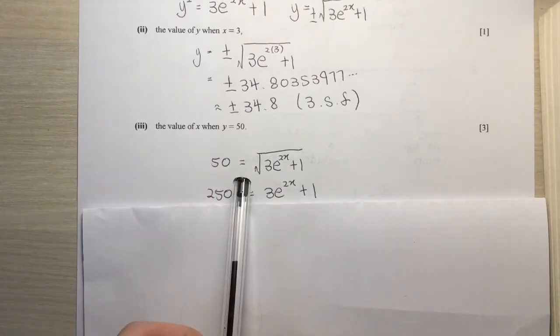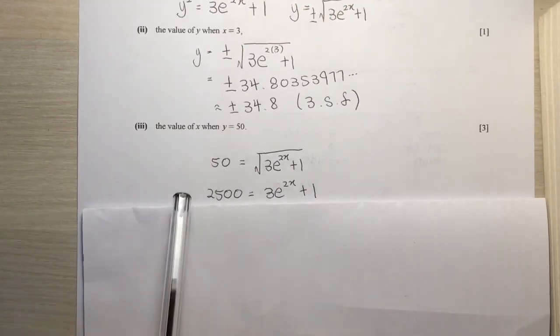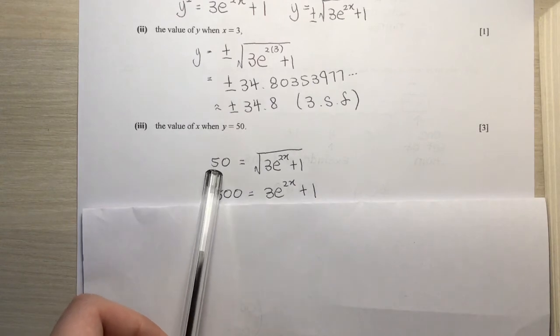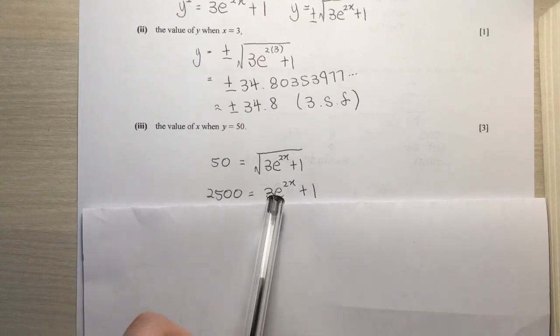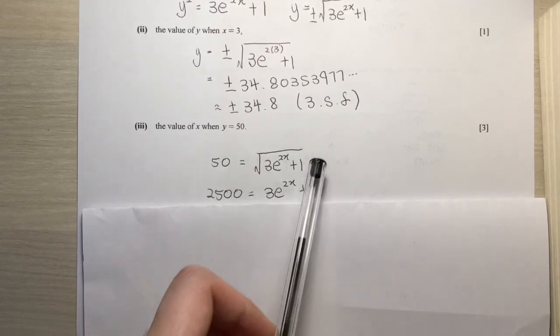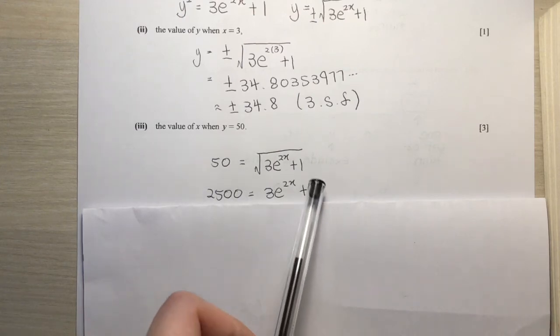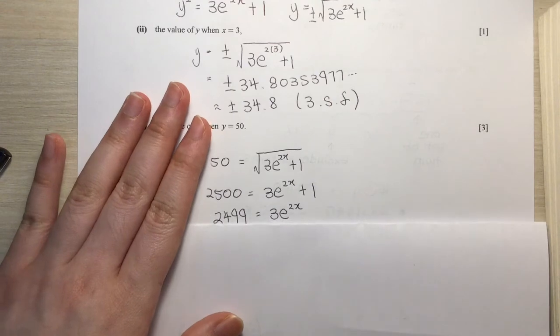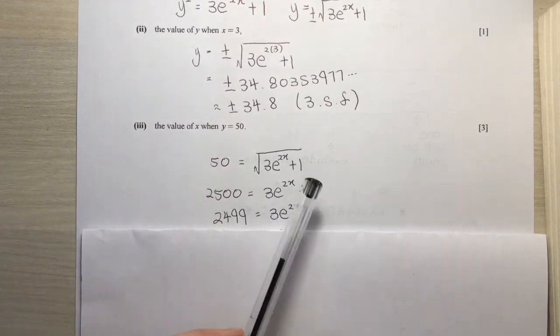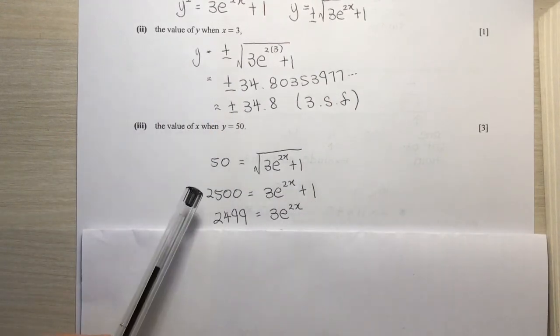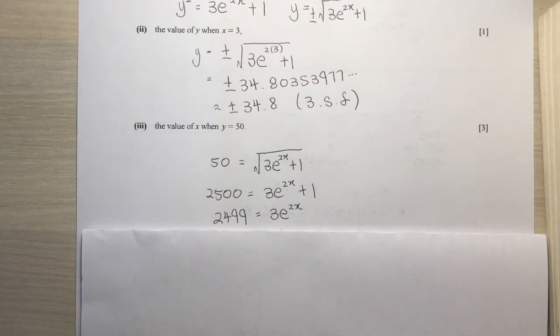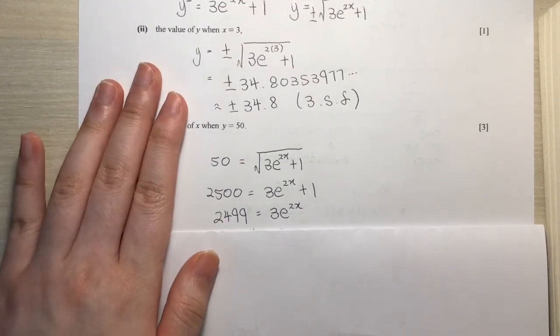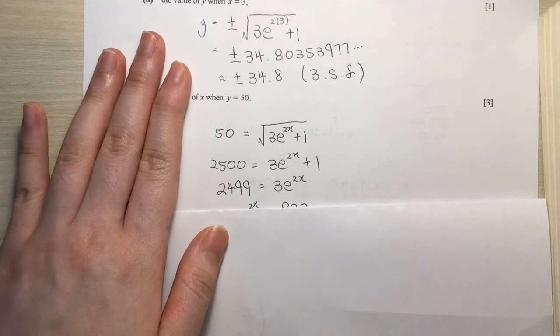You get rid of the square root by squaring both sides of the equation. The square of 50 is 2500, and squaring the entire right hand side gives us the expression without the square root. Since we got rid of the square root, we can shift the 1 on the right hand side to the left hand side. It becomes 2499 equals 3 multiplied by e to the power of 2x.